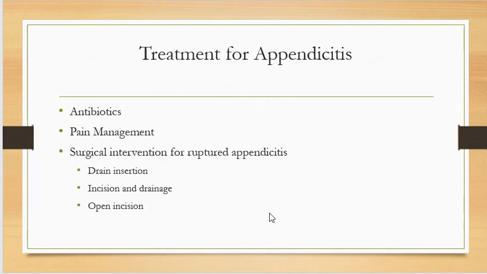So what is the treatment? We must be rapid in the treatment of appendicitis, because we want to prevent the rupture, right? We want to prevent it. So medical management for a simple appendicitis, it's just antibiotics and fluids, and they may just go home.